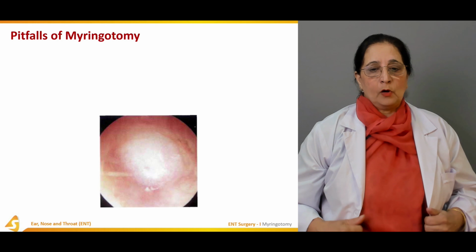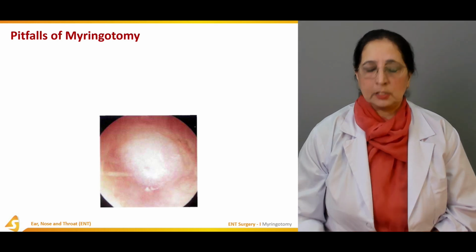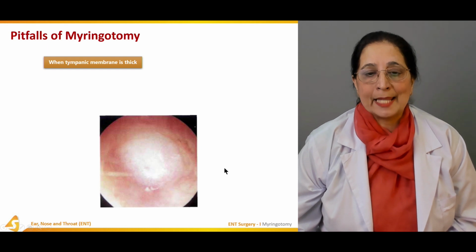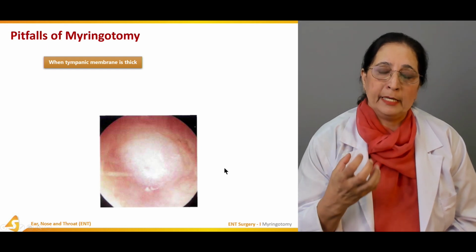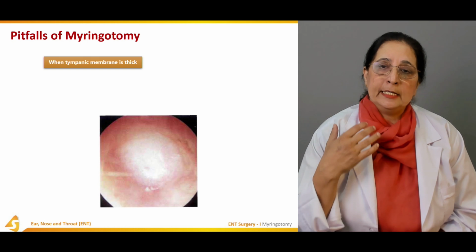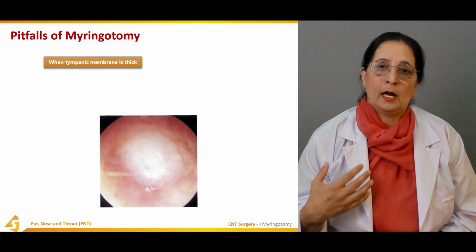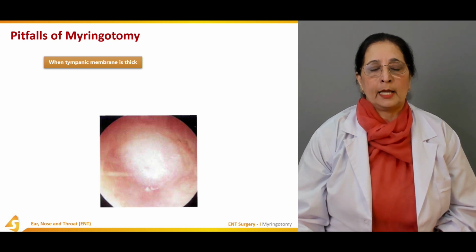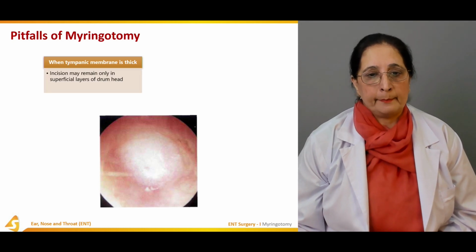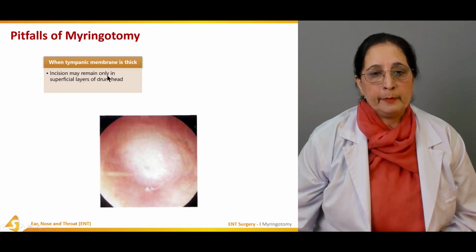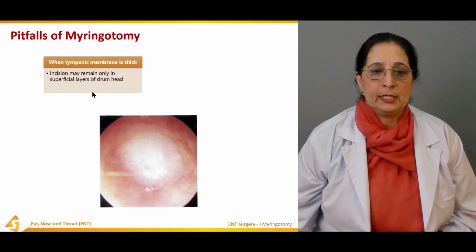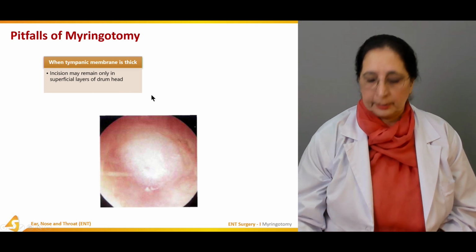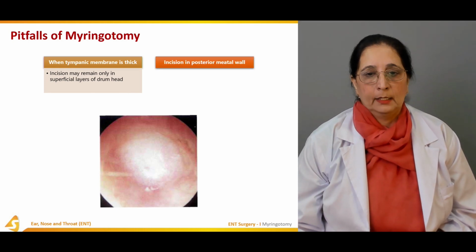Now the pitfalls of myringotomy. If the tympanic membrane is thick, the incision is hard to give. The incision may remain only in the superficial layers of the drum head because of the thick tympanic membrane.